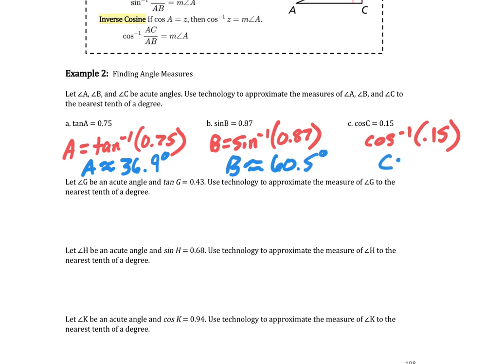And C is about 81.4. Those are the 3 that you should get, and those are just strictly plugging it right into your calculator. Anybody need help with their calculator on that? Everybody's able to get those okay?